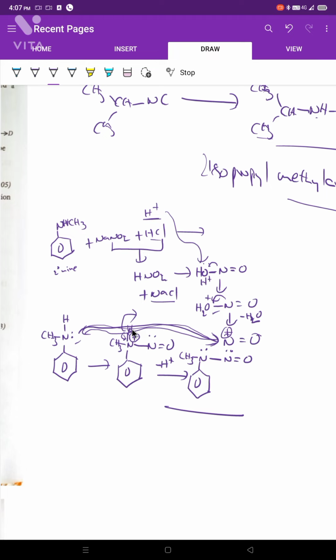Next, let us see what happens. After writing NO plus, the amine can donate electrons, so on donation nitrogen gets positive charge, and then if H plus is removed, it gets the electrons back and is neutralized, and you get the product like this.